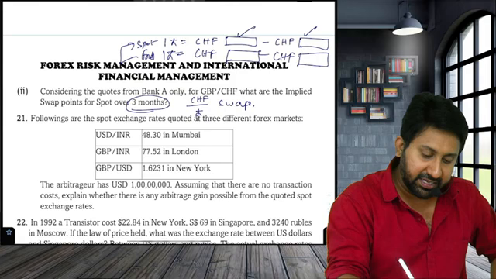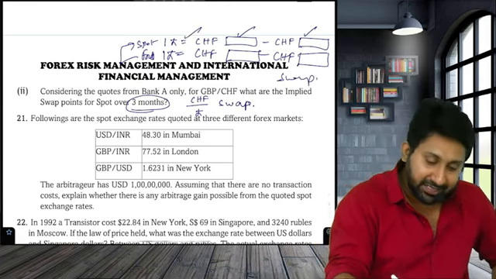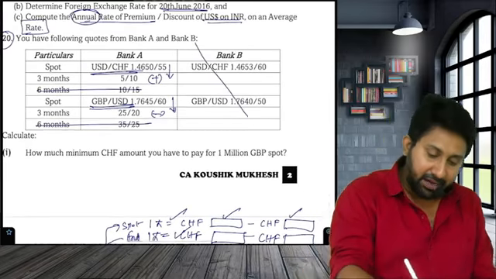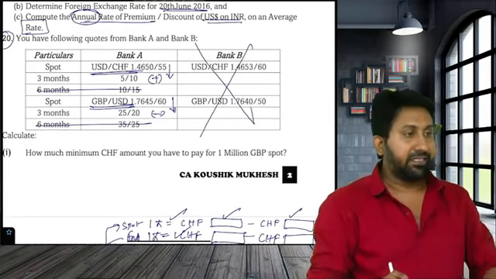This minus this will give you the swap points. But to calculate this, we need to first calculate the cross currency quotation for both bid and ask for the existing currencies. Bank B is irrelevant, take only bank A. This is the first point that we need to do. One by one, stepwise, when we do that, you will understand. First do this.